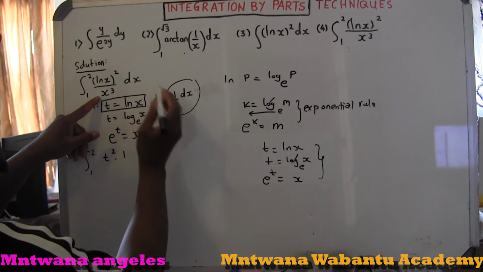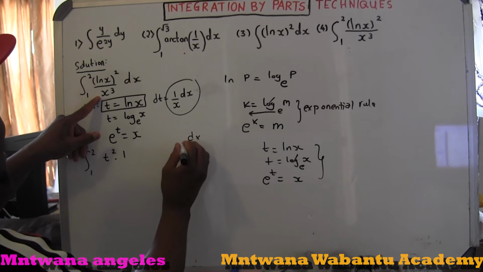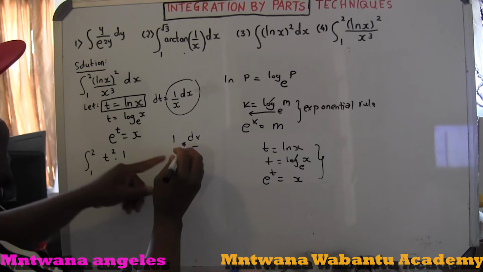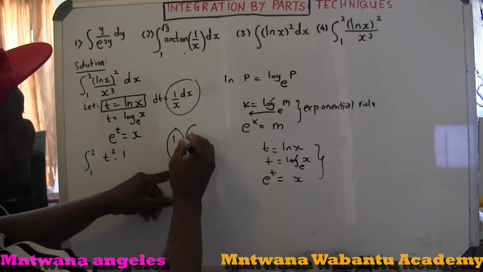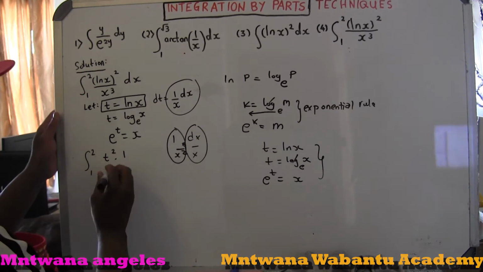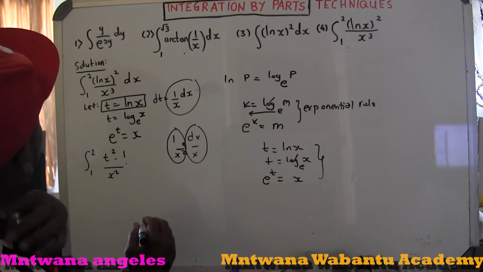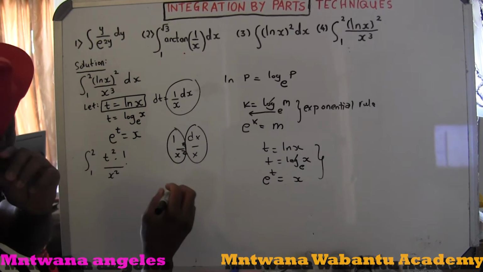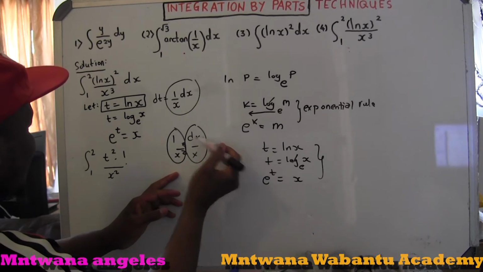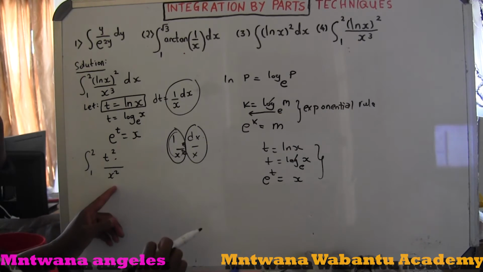If I take 1 over x here, I said dx over x, which means 1 over x squared is going to be separate, and dx over x is going to be equal to dt. So I'm going to be left with x squared under here, and then dx, because it's 1 over x squared.